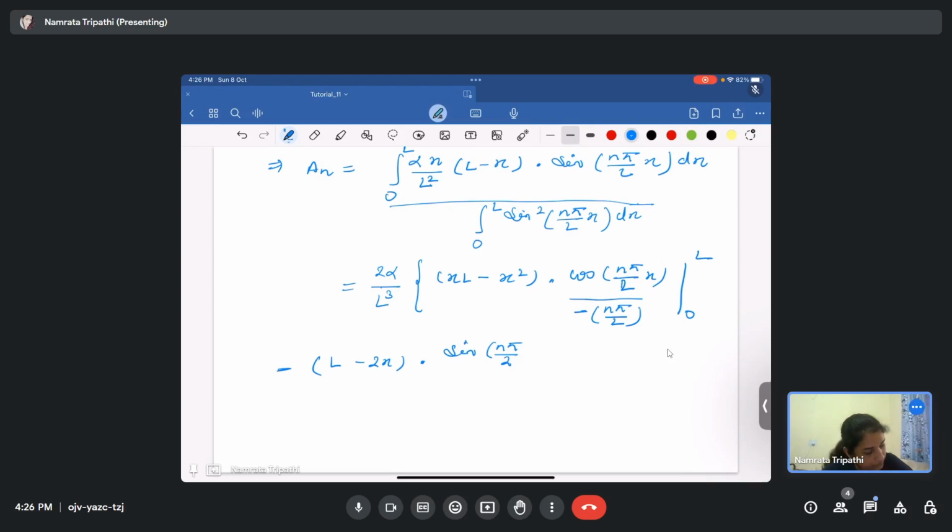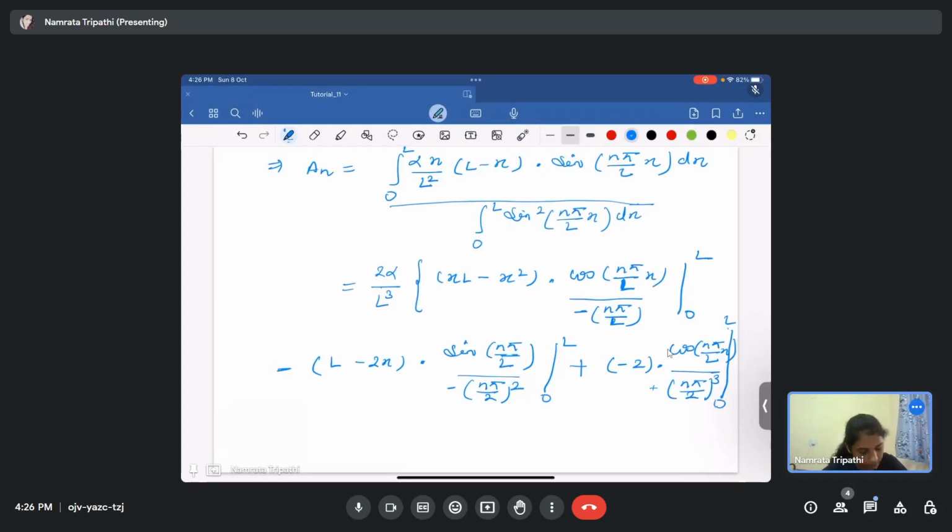Again the integration of cos n pi x by L. L is given, and the limit is from 0 to L. Again the differentiation of the first term will be minus 2, and again integration, minus minus will become plus here, and the limit is from 0 to L again.